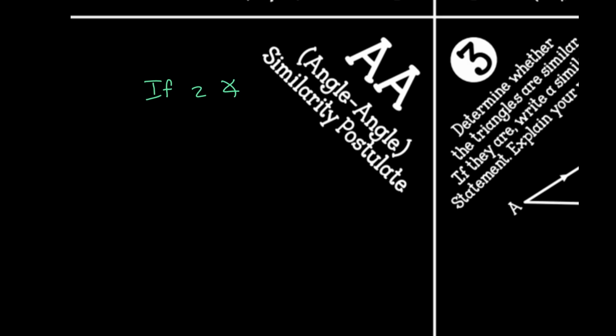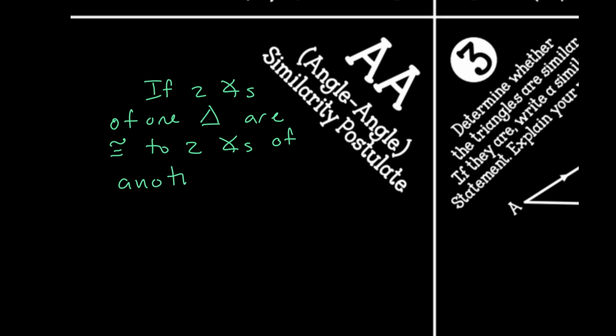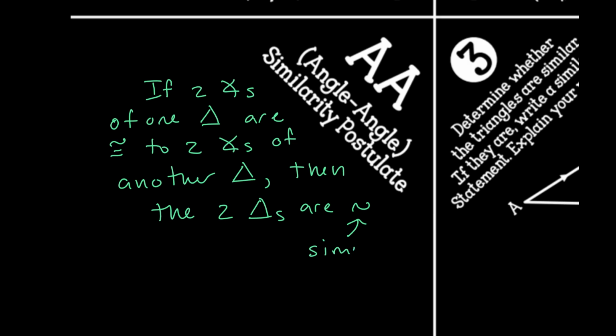If two angles, and I'm going to use symbols for everything because I'm lazy, if two angles of one triangle are congruent to two angles of another triangle, then the two triangles are similar. And if you still don't know what that squiggly line means, I would put an arrow and write similar.